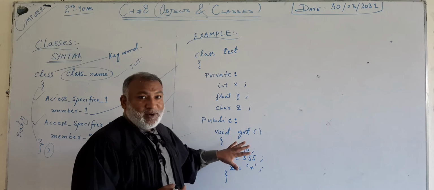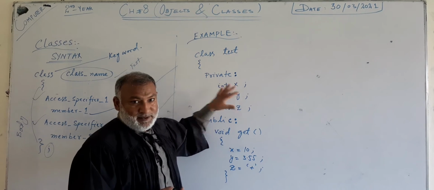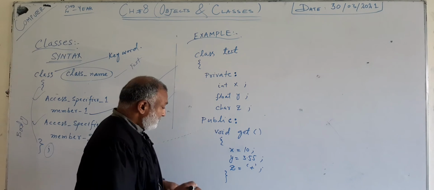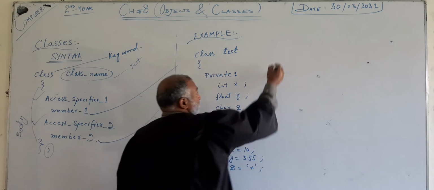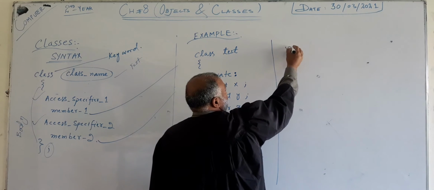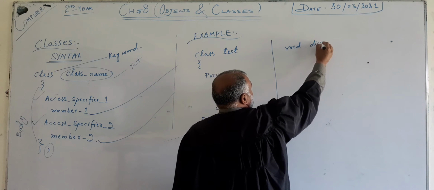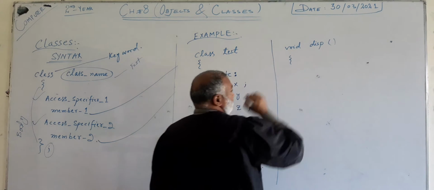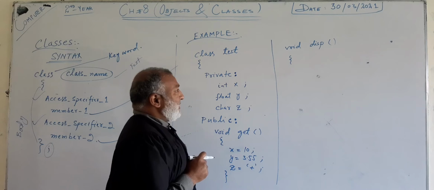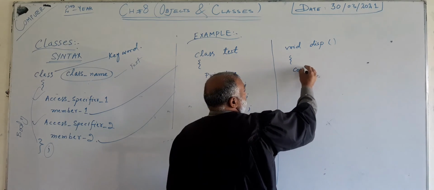In other words, it is working upon this data. Now I continue, and after this I make another function, disp. It is a display function where we simply display these values.